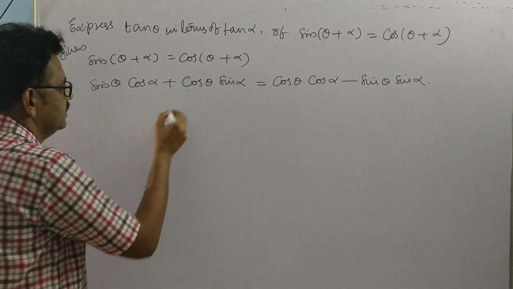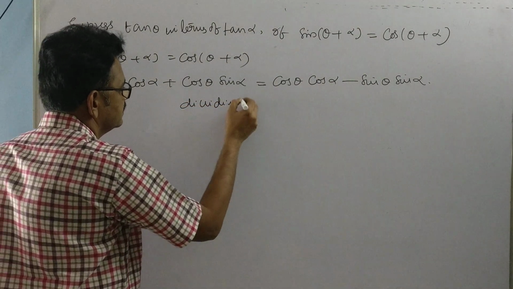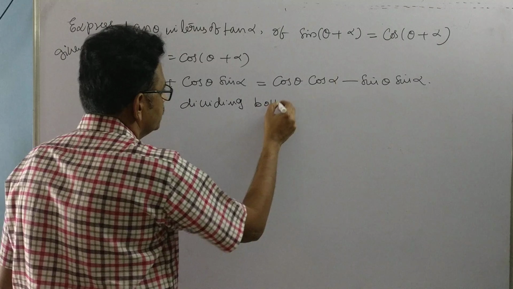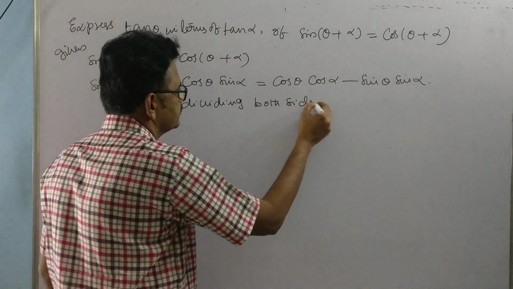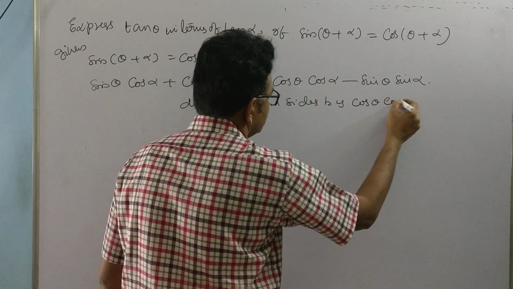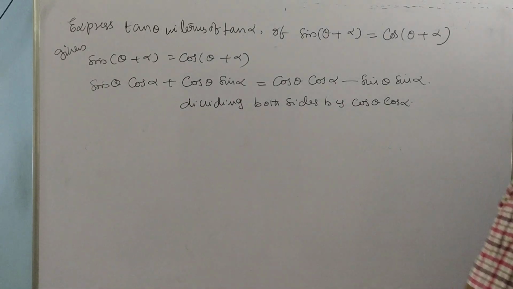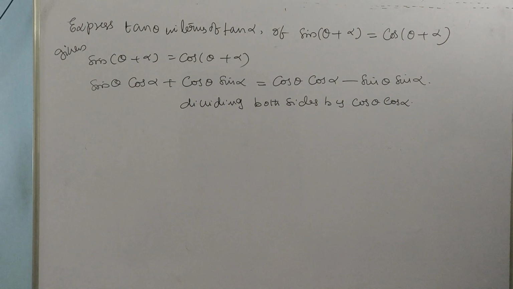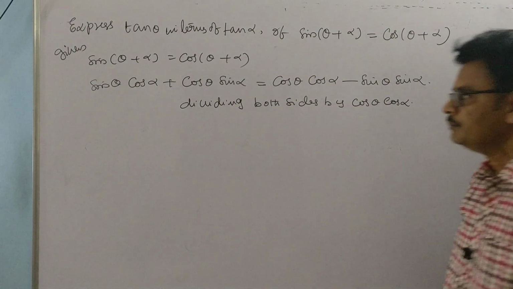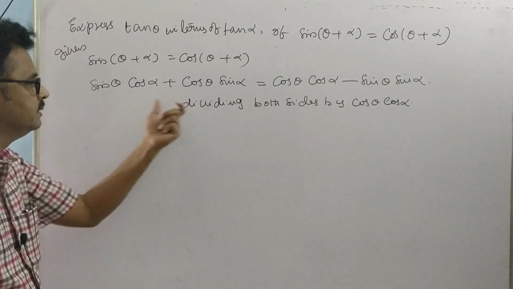Okay, now dividing both sides by cos theta into cos alpha. Dividing both sides by cos theta cos alpha, I am dividing each term.